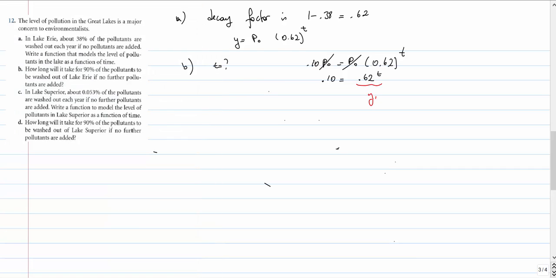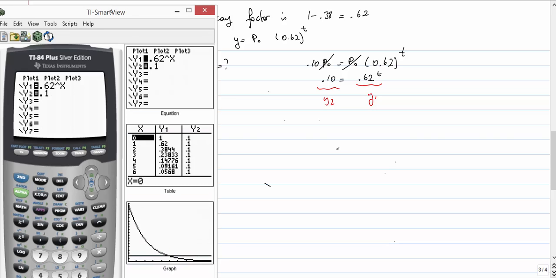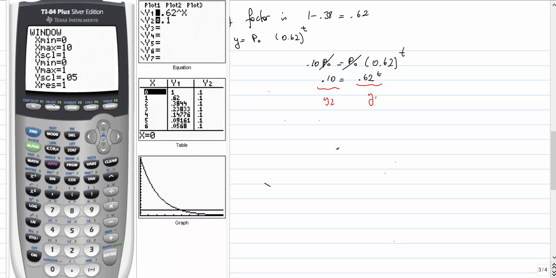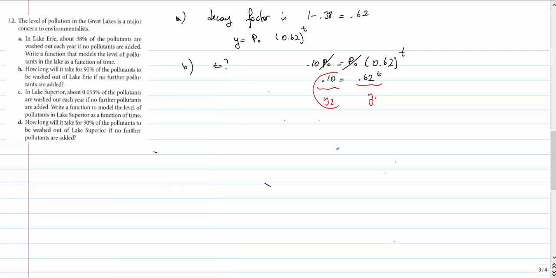This is your y1, and this is your y2, and you're looking for the intersection of the two. I use the window 0 to 10 and 0 to 1 with increments of 0.05, because this value here is very close to 0.